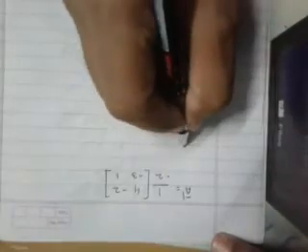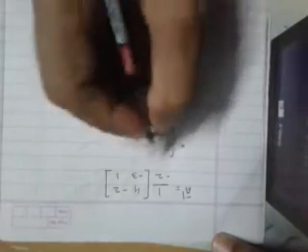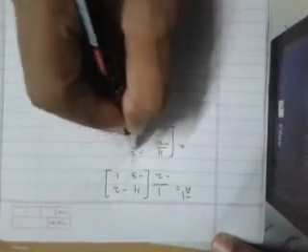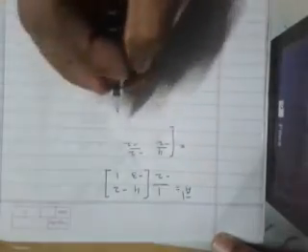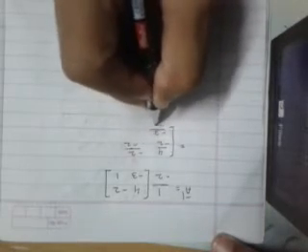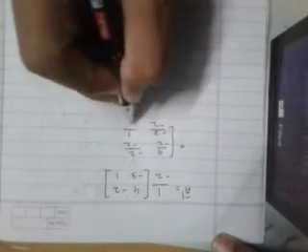Now in the next step I will take minus 2 inside the matrix, so this will become 4 upon minus 2, minus 2 upon minus 2, and minus 3 upon minus 2 and 1 upon minus 2.